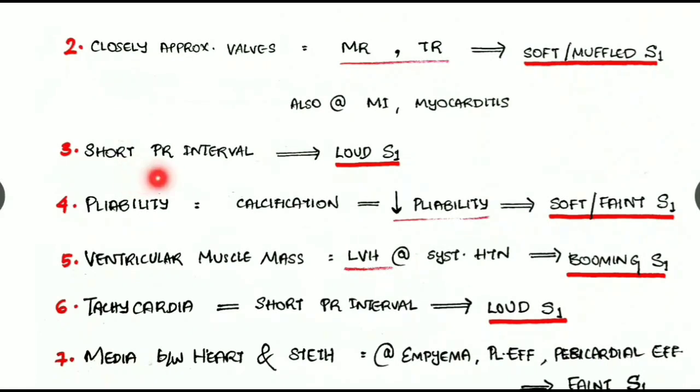Then next is the short PR interval. The shorter it is, the louder the S1 sound. Next is the pliability. If there is calcification in the mitral valve, then there is lesser pliability and a softer or fainter S1 heart sound.